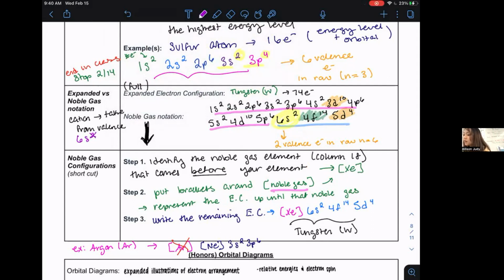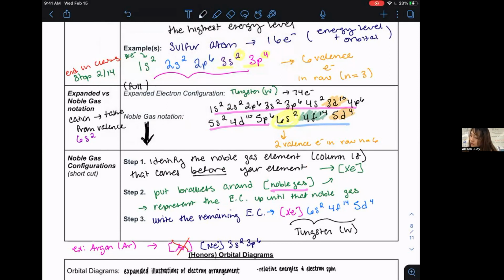Now the tungsten configuration becomes 5p6, 4f14, 5d4. I would take from the valence electron 6s2, and it would be gone. But what about if you're an anion? So would the whole 6s2 be gone? Yep, you would just remove the 6s2 from the electron configuration.